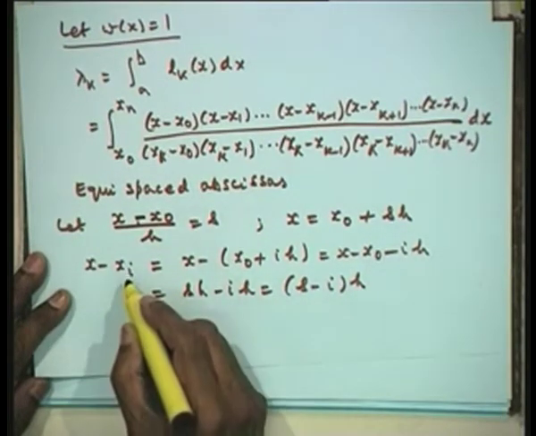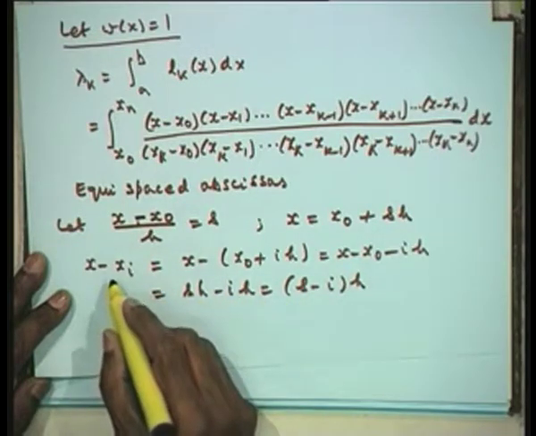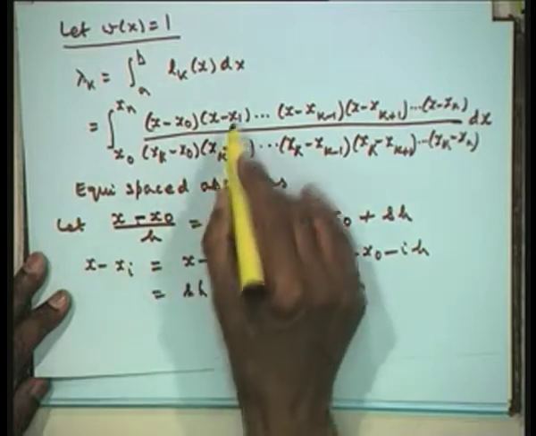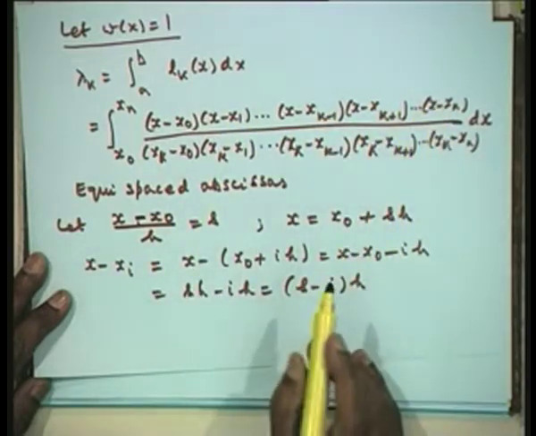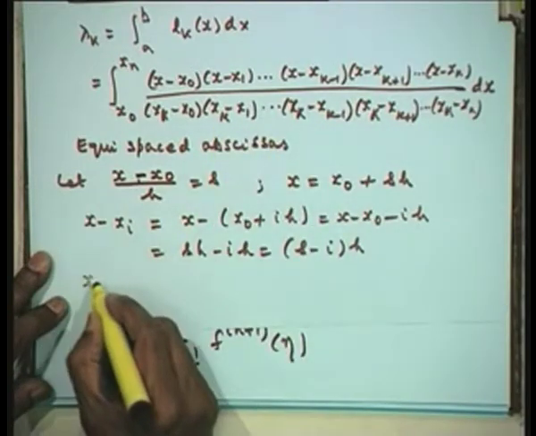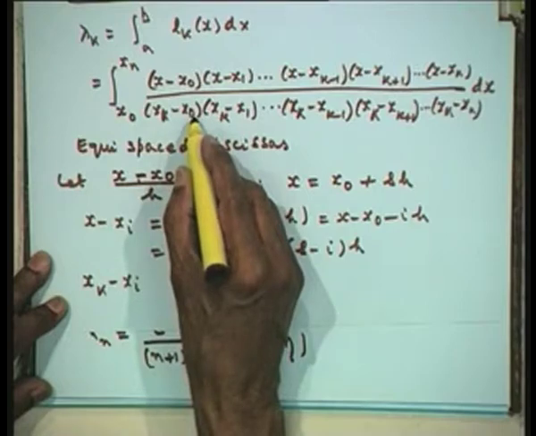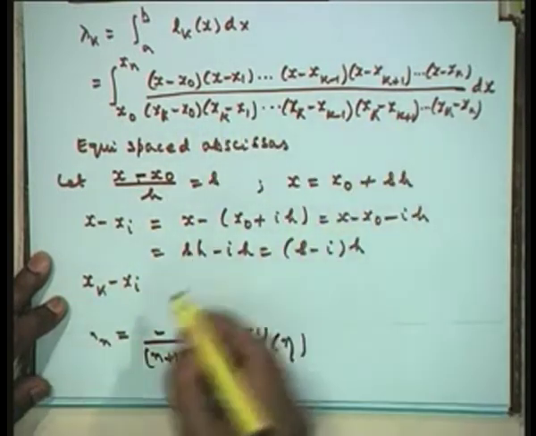So, I can set i is equal to 0, 1, 2, 3 and so on, and then I can obtain the expression for each one of these terms that we have over here. And similarly, if I take the denominator, x k minus x i, x k is fixed, x i is varying.